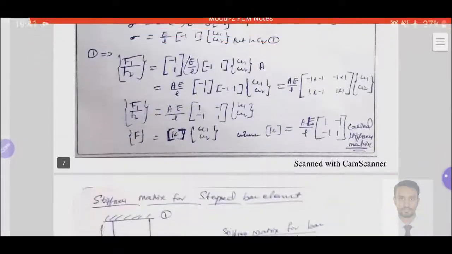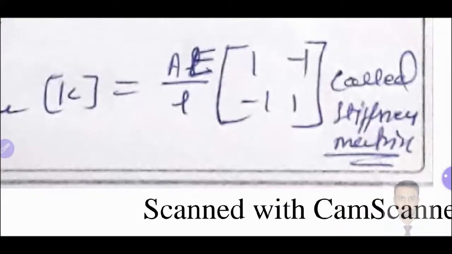We got K equals AE by L, 1 minus 1 minus 1 1, called the stiffness matrix of the bar element. This stiffness matrix we will use to solve each and every type of bar problem. This is the first characteristic we will use to find the solutions for a bar element after developing the FE model for a given problem.